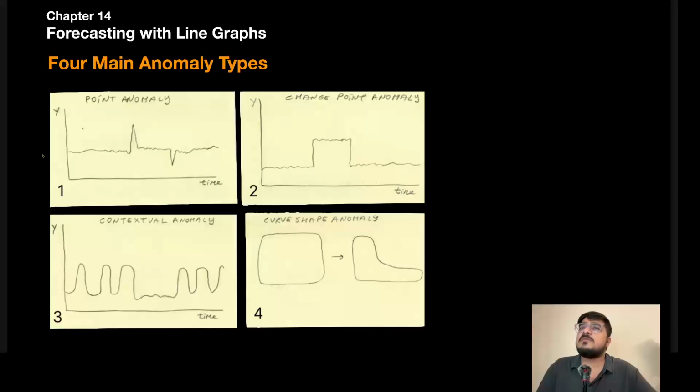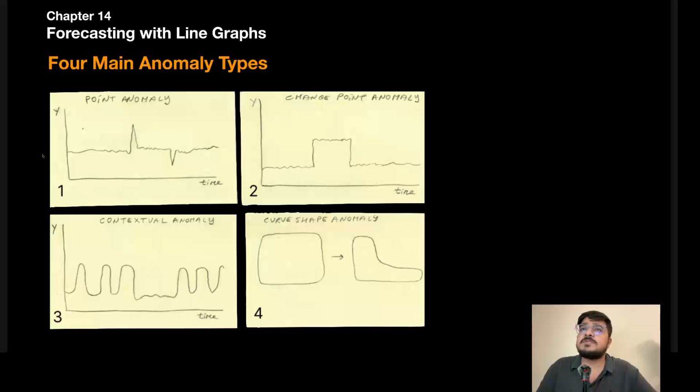In the first one, it's just one singular point, but it's kind of exaggerated, so we see many points, but it's just a single point. In the second one, you see a plateau kind of an area, so it shows that it gets stable after some time, but it goes back to normal.